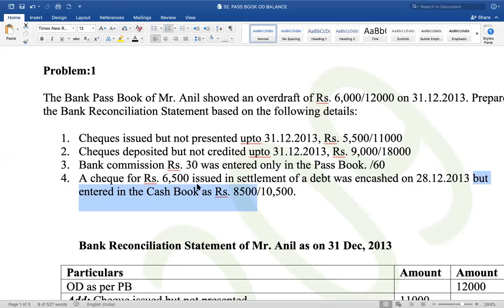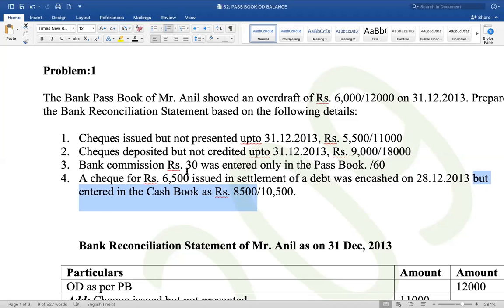The check for 6,500 issued, but entered in the cash book as 8,500. That means 2,000 is the difference. You have issued, means paid. When do you issue a check? When you have to make some payment. To make the payment of 6,500, you have issued a check.